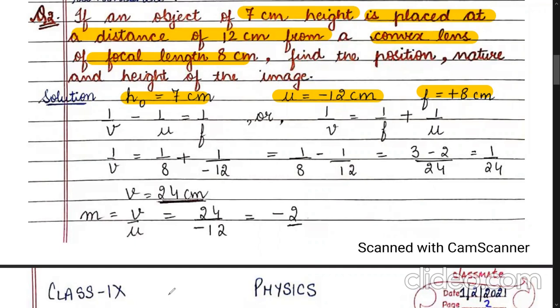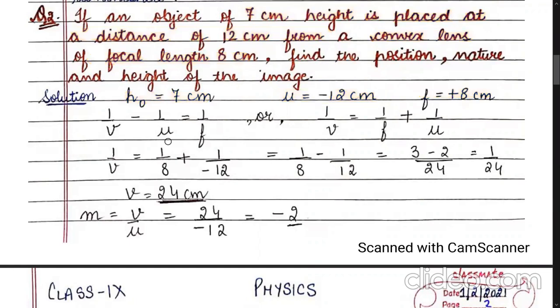So continuing further, again we will use lens formula, that is 1/V minus 1/U is equal to 1/F. And we have to find the position of the image. That means we are supposed to find the value of V. So we are just now putting the value of the various variables given to us.